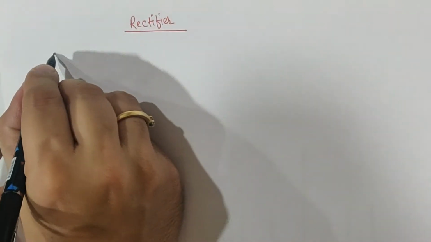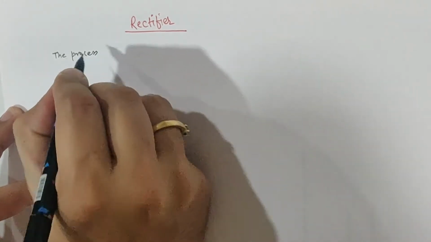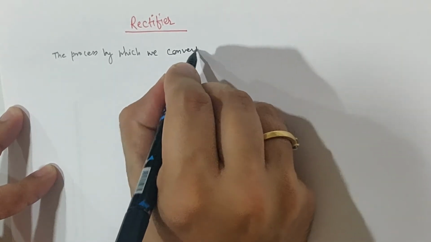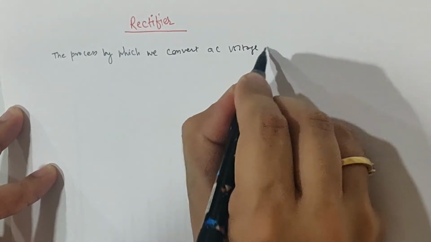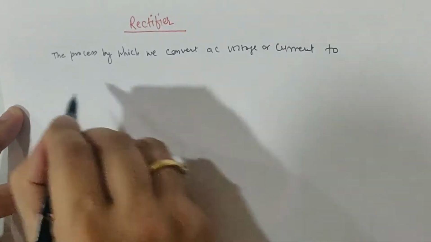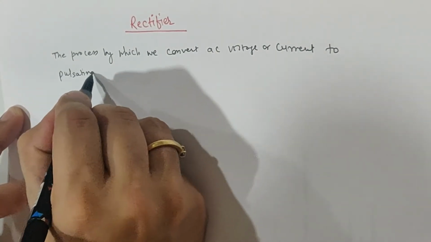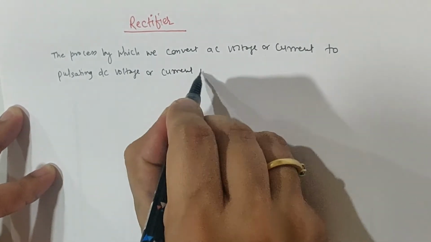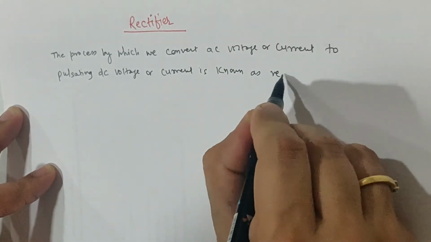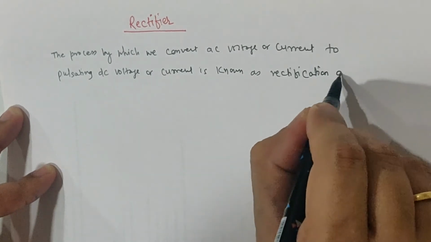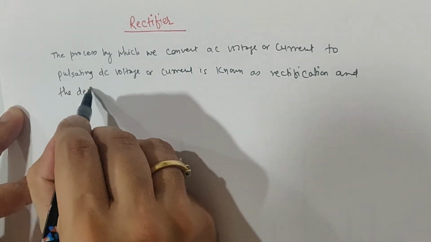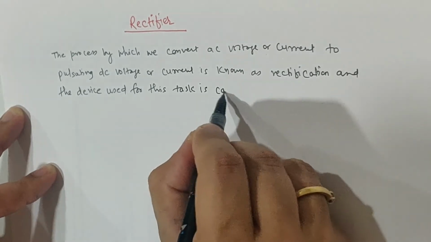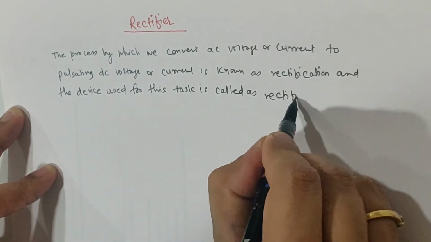Now, the process by which we convert AC voltage or current to pulsating DC voltage or current is known as rectification, and the device used for this task is called a rectifier.